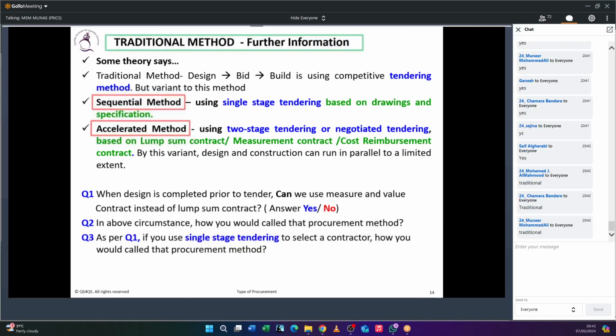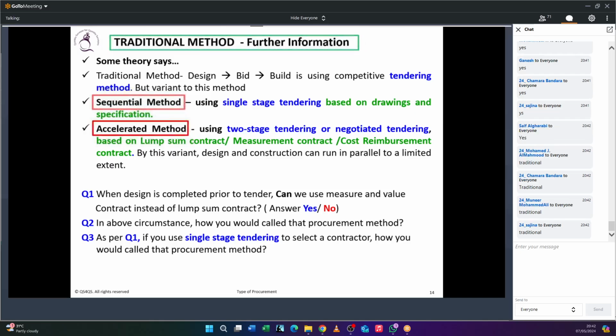Third one: as per question number one, if you are using the single stage tendering to select the contractor, how would you call that procurement method? Based on the theory, right? It is traditional, but you have to say it sequentially because some people are not updated. So you have to specify that also. So be careful when you are going for an interview.